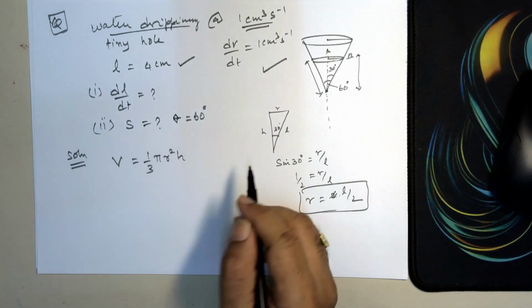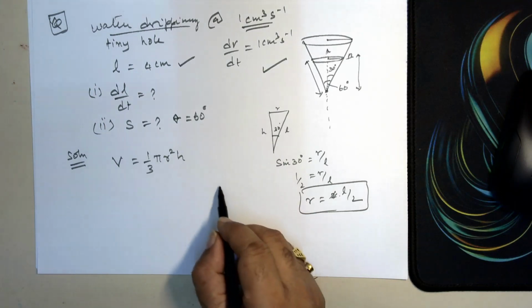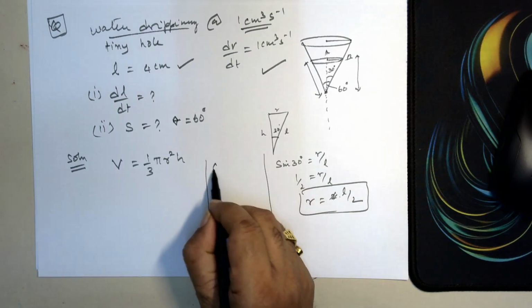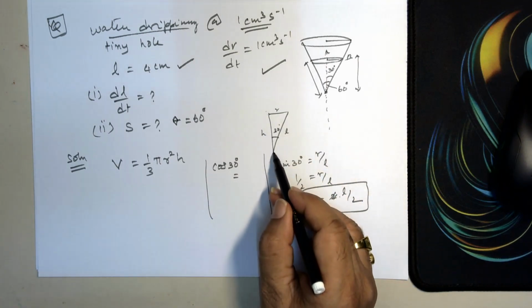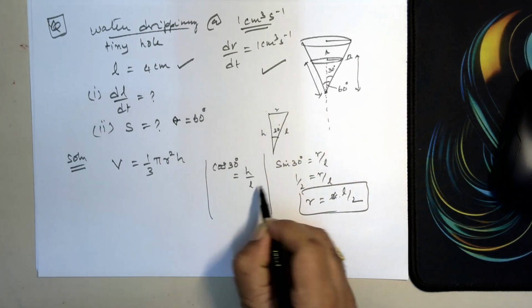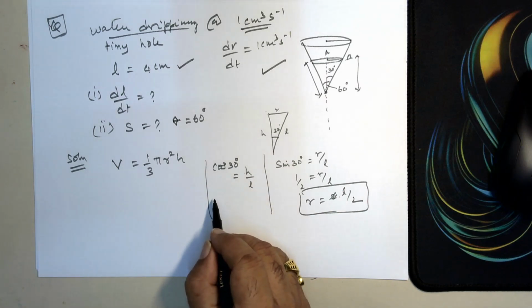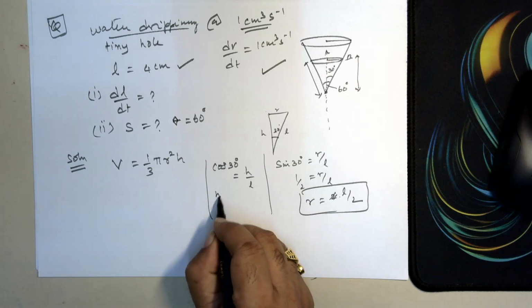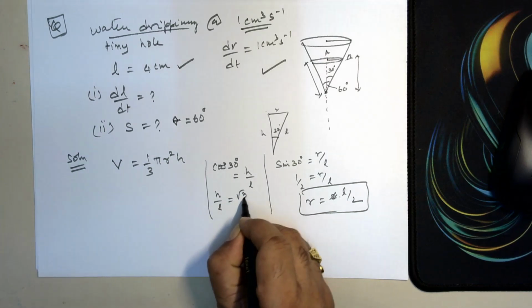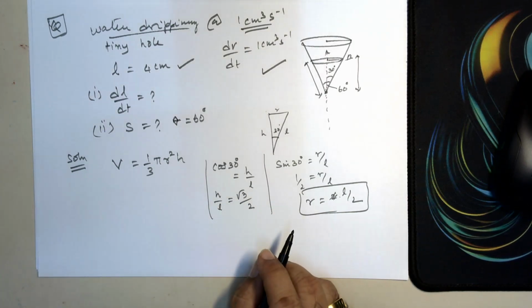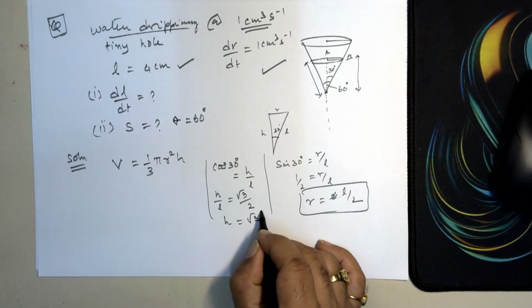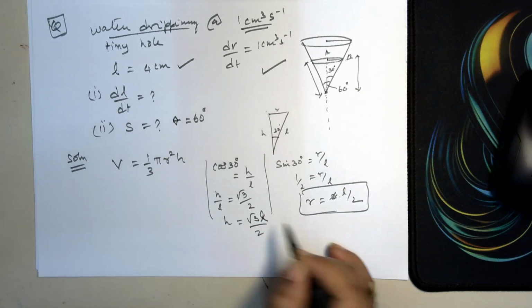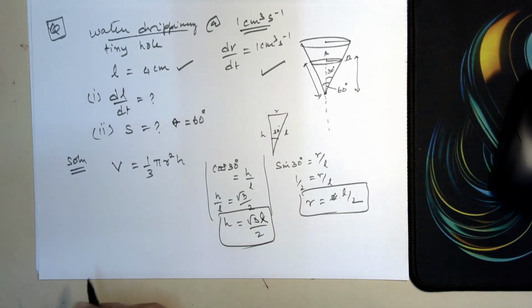And what about cos 30? Cos 30 is equal to H by L, right? So cos 30 is nothing but root 3 by 2. So H by L is equal to root 3 by 2. It means H is equal to root 3 L by 2. So we have another value.